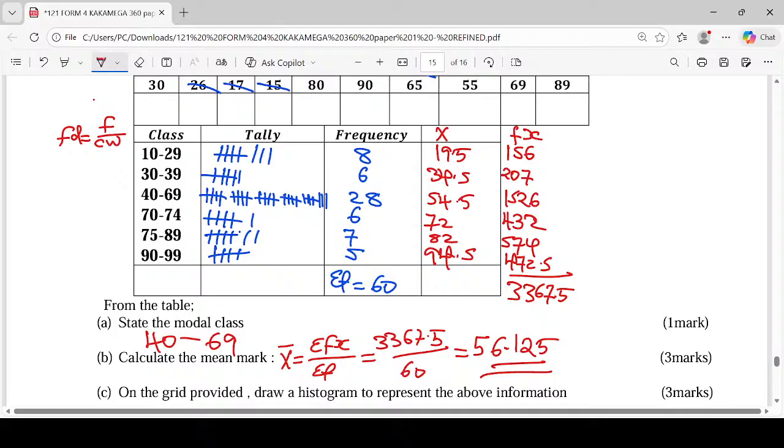The frequency here is 8 divided by the class interval of 10. That will be 0.8. Then 6 divided by 10, 0.6. Then that is like 69.5 minus 39.5.